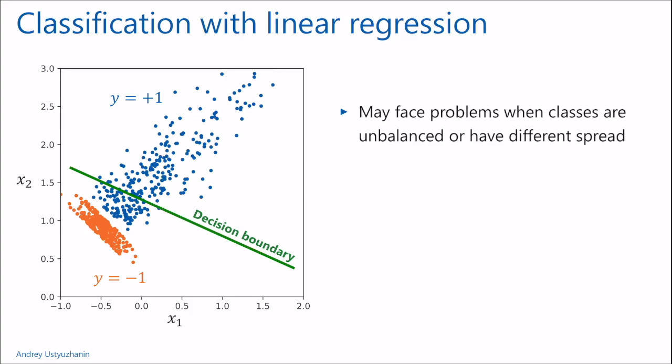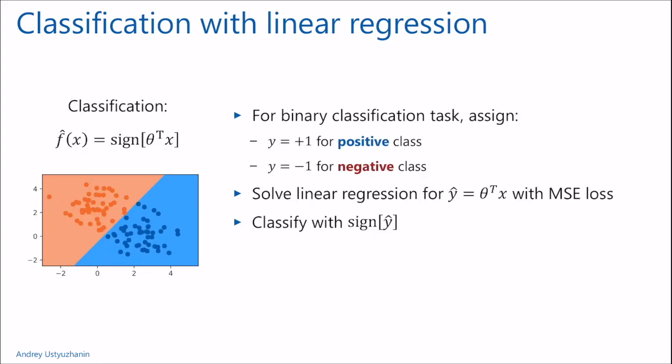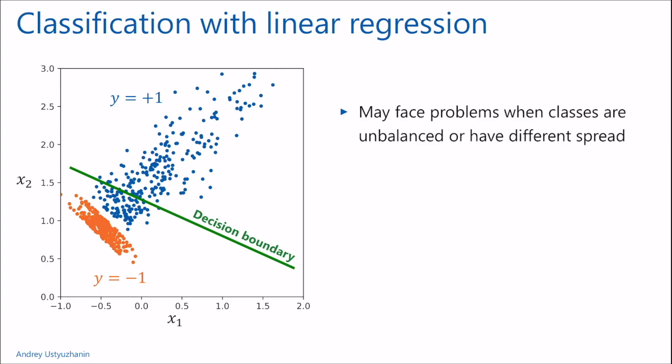It becomes obvious when you have more realistic data distributions, and in particular when your data is either unbalanced, or data have different spread.